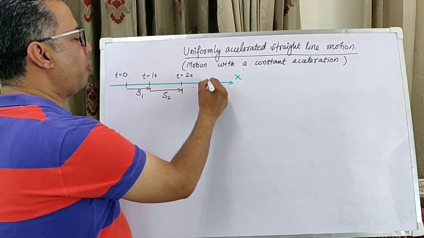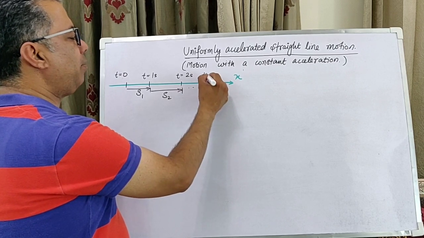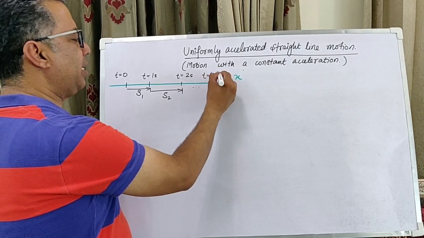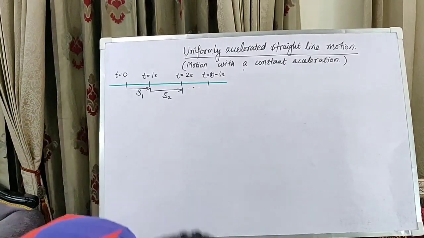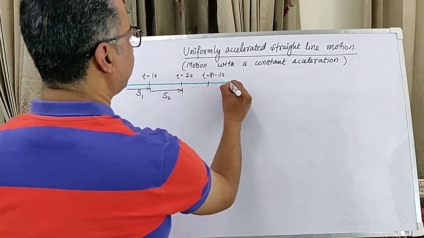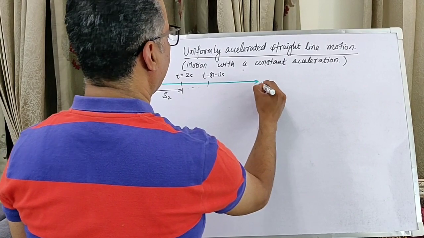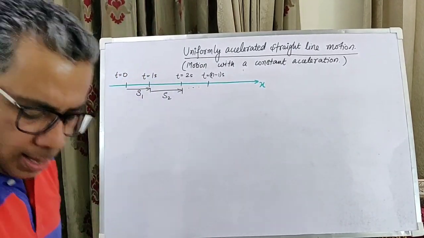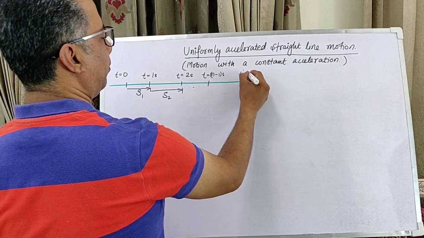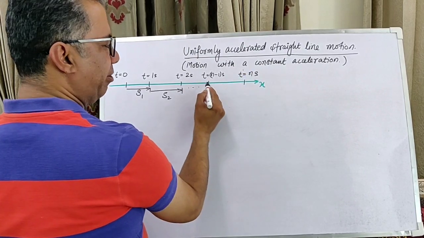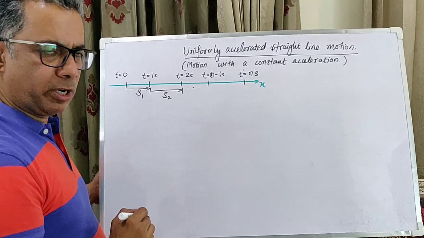Now when you move from time equal to n minus 1 second to time equal to n second, again, this is a 1 second time interval.